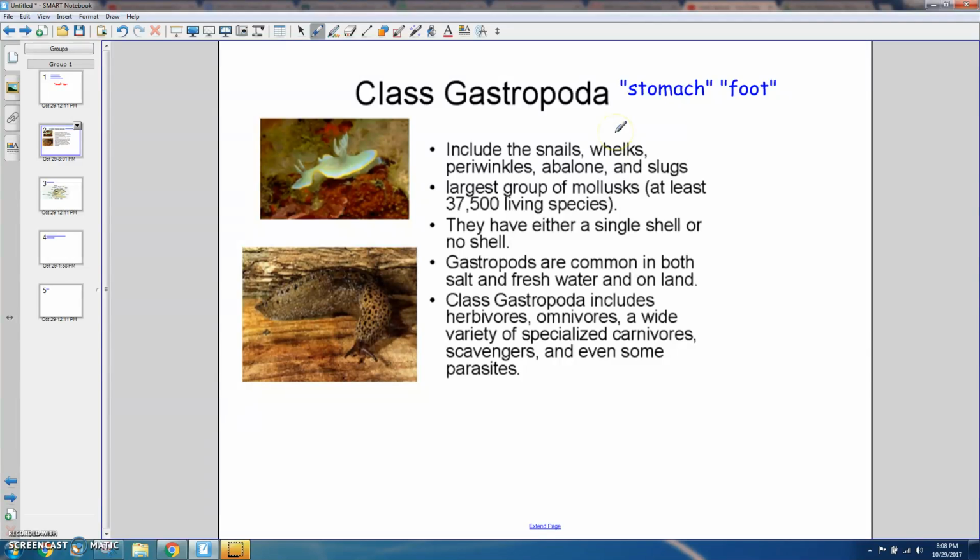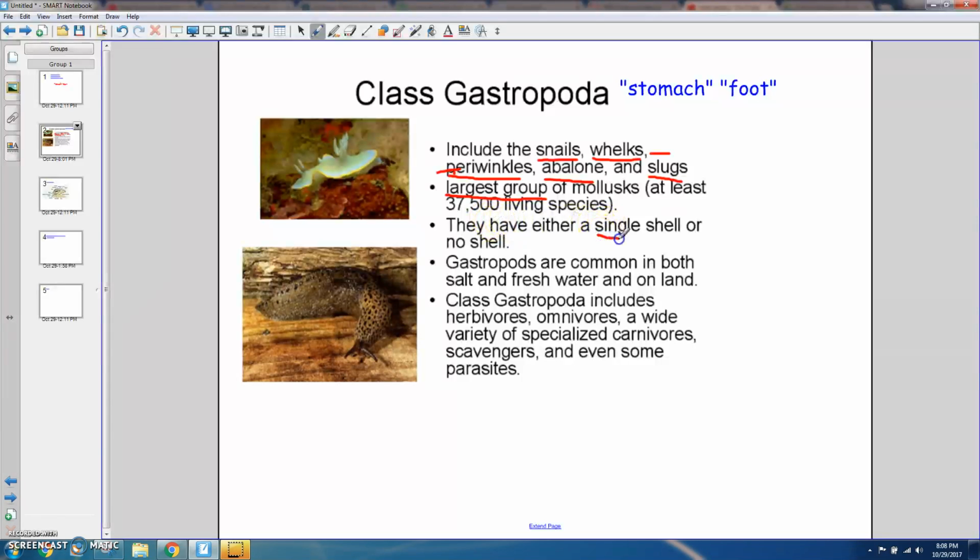There are many different kinds of gastropods, including snails, which is what we're going to be using in our lab, whelks, which are a quite interesting group of animals, and I'll show you some pictures in class, periwinkles, abalone, and slugs. Out of all of the classes of mollusks, gastropods are by far the largest and most diverse group.